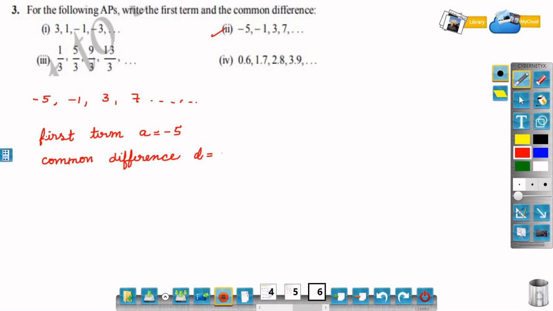Do any one. D is equal to A2 minus A1. A2, the second term, is minus 1, minus, here it is minus in the formula, and A1 is again minus 5.